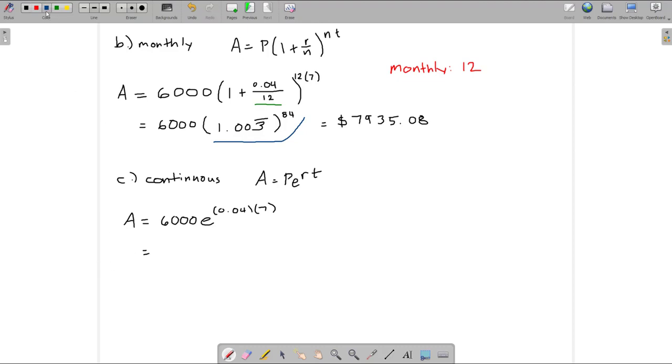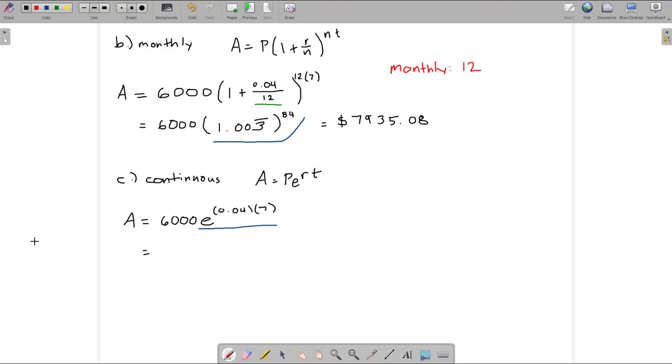But again, let's tackle the exponent first to do correct order of operations. So find the e button on your calculator. It's usually e to the x. And then it'll give you e to the power, and you fill in what the power is. So you can do e to the 0.04 times 7. That'll give you some decimal number.